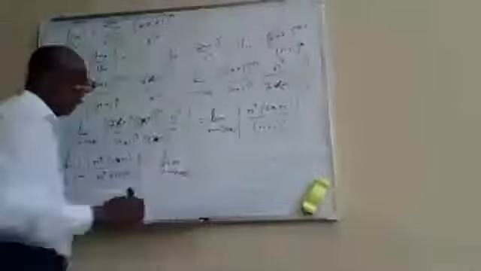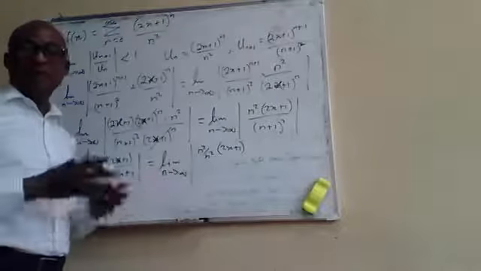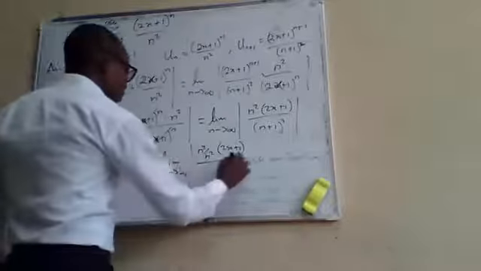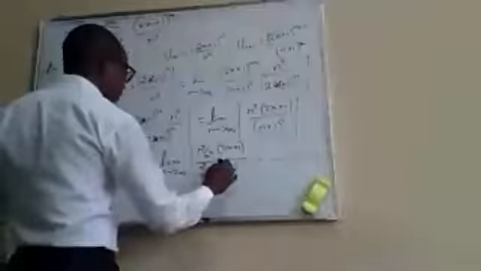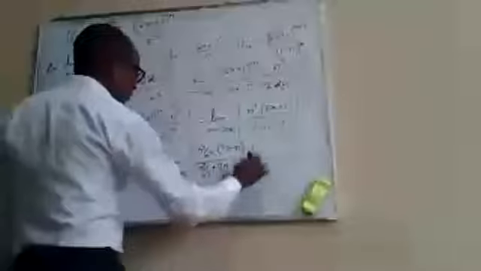Going by the principle of solving limits, I am dividing the terms by n raised to power 2. So this will be n squared over n squared, 2n over n squared, then 1 over n squared.